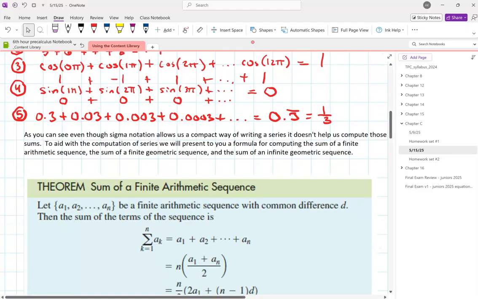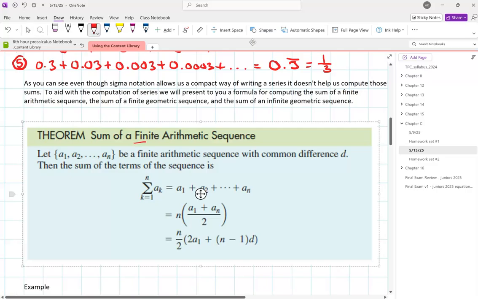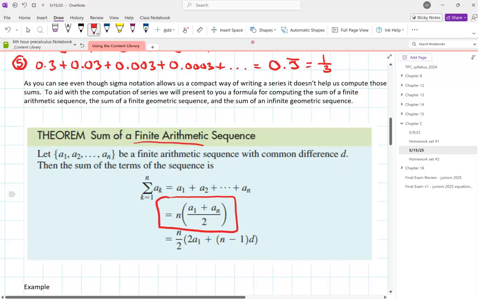If I have a finite arithmetic sequence, my formula is the first term plus the nth term, divided by 2, and then times the number of terms that we're adding together. The formula below that is equivalent to the one above it, but I prefer the one above it. I think it's a little bit easier to use.